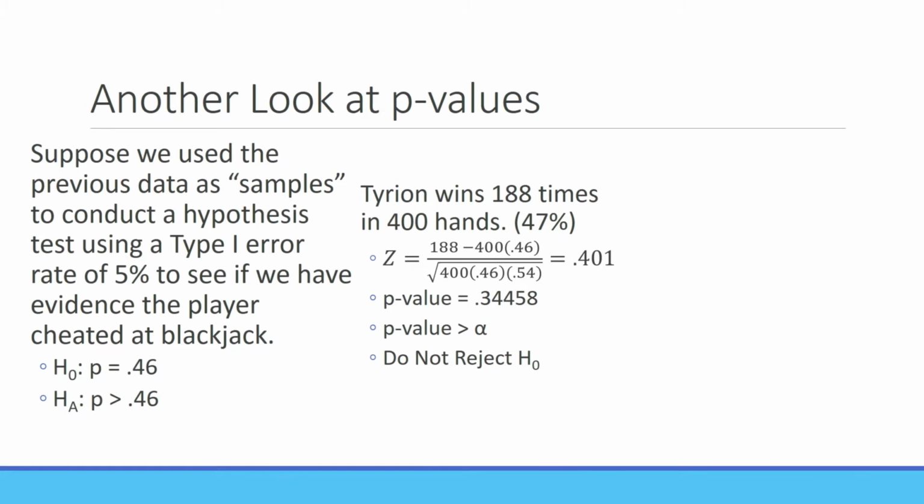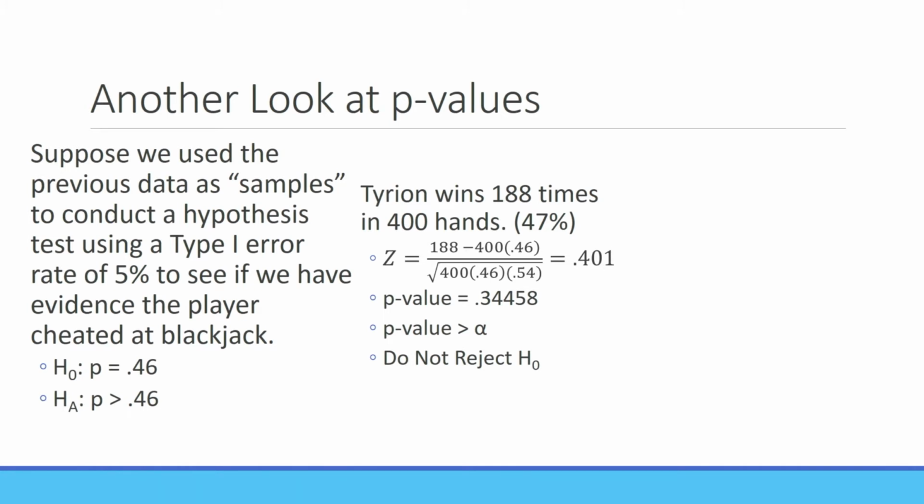Now, how we're going to look at each of these is not only from that general concept of, okay, if we had this evidence, do we think the person is cheating? But let's also look at it in terms of a hypothesis test. If we were to conduct a hypothesis test using a type 1 error rate, or level of significance, of 5% to see if each of the players cheated at blackjack, our null hypothesis would be that the person isn't cheating.